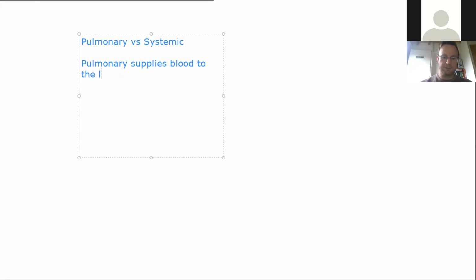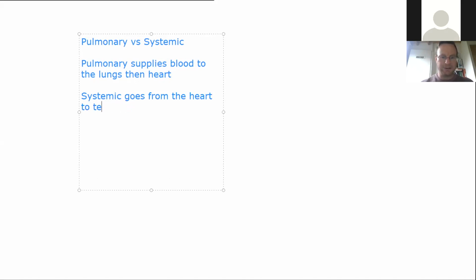To the lungs, really. Can't type, can I? More haste, less speed. Anything else? What about things like size of blood vessels, how far it has to travel? Is there anything else we can add in there?